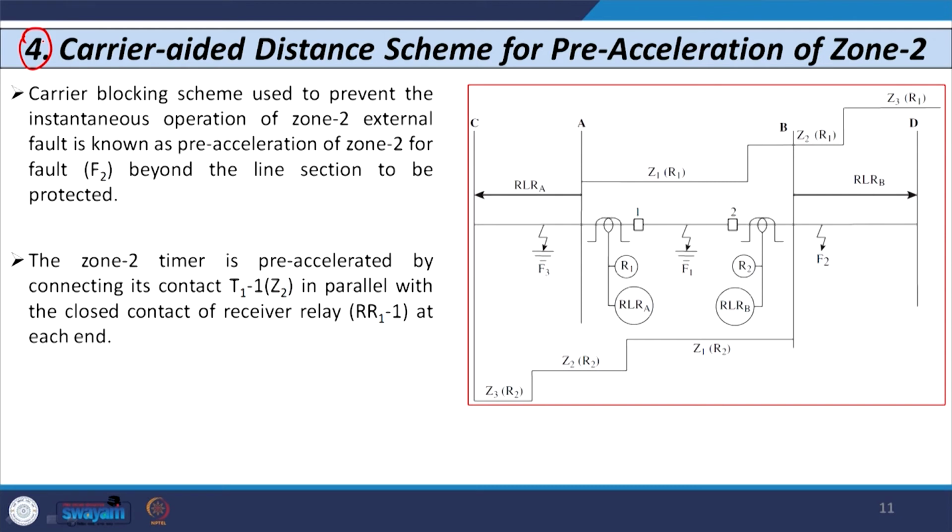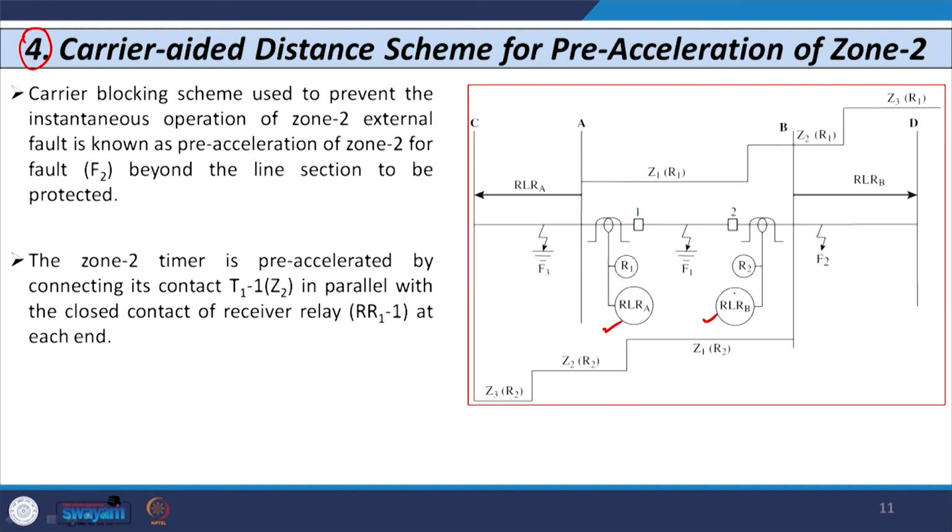The zone 2 timer is pre-accelerated by connecting its contact in parallel with the contact of the receiver relay. If I look at the earlier third case, acceleration of zone 2, and this case, pre-acceleration of zone 2, there is one difference.